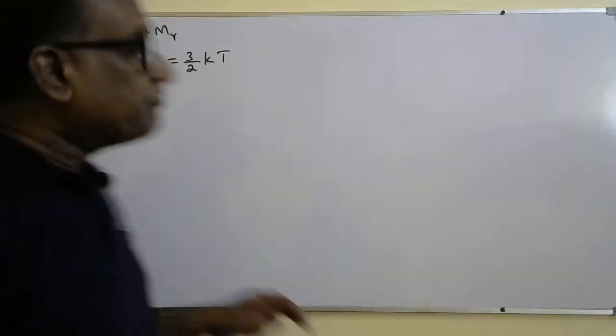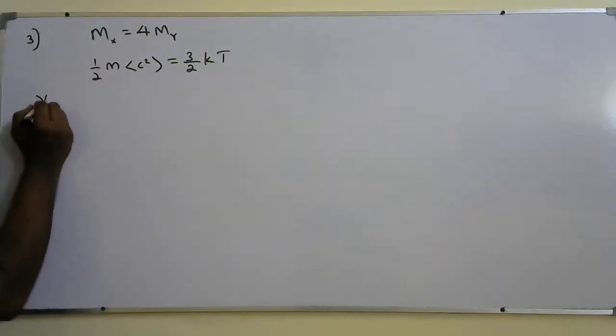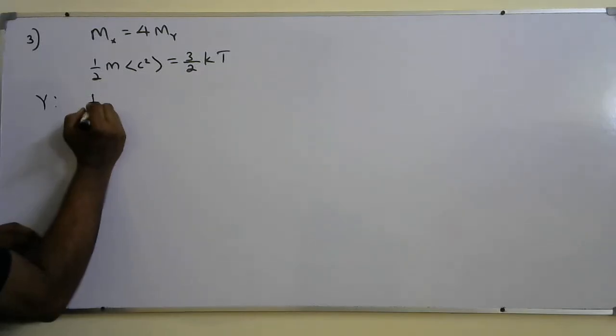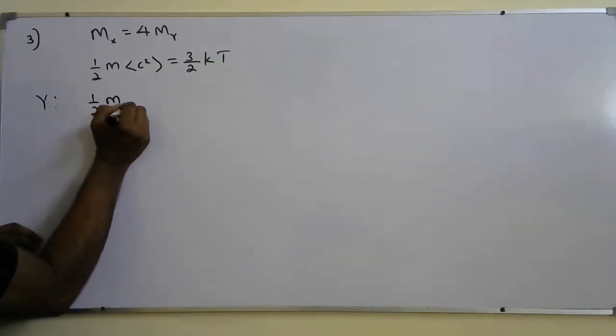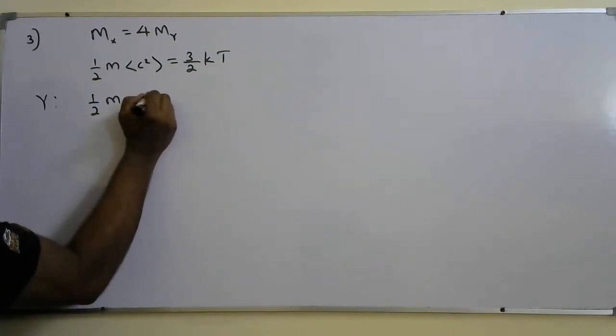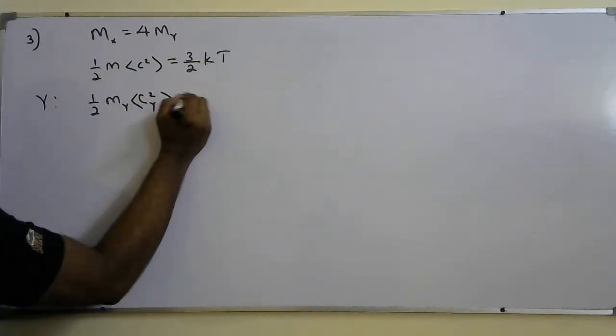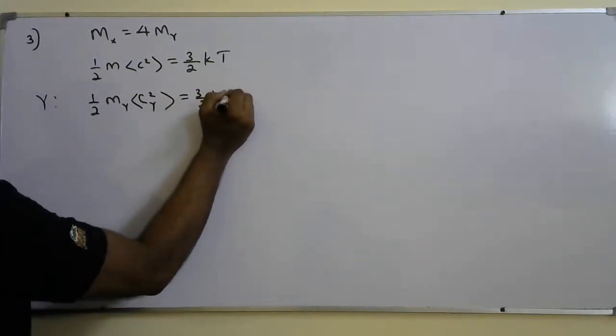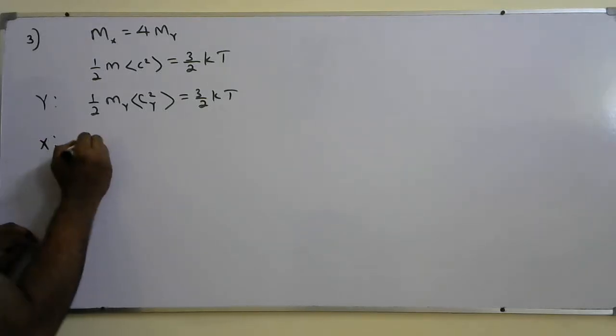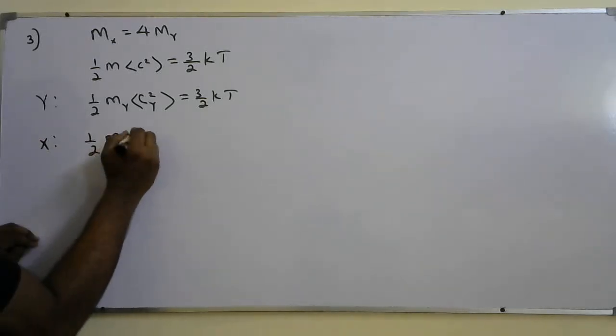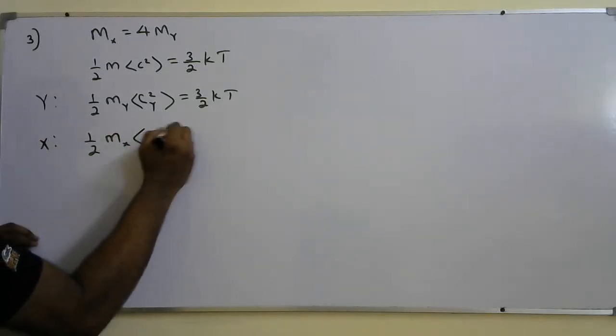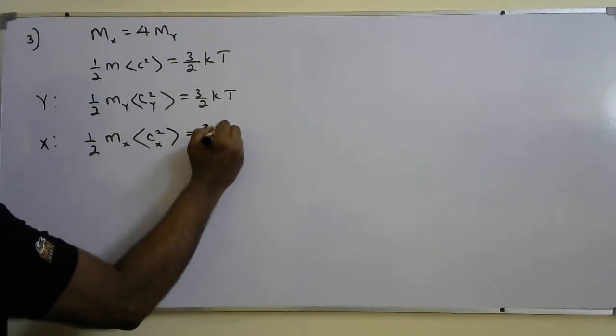So for gas Y, I can write half my cy squared equal to 3 by 2 kT. For X, half mx cx squared equal to 3 by 2 kT.